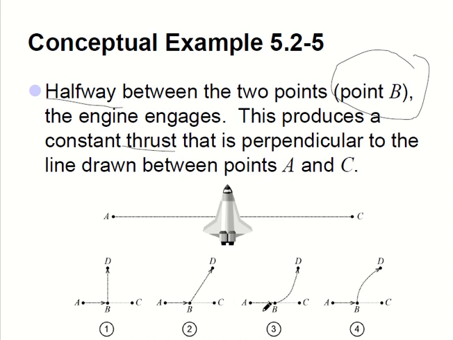Now this is not perpendicular, and this is not perpendicular, but the condition right here is showing you that it produces a constant thrust, and that thrust is perpendicular to the line drawn between the points A and C. So your thrust is going that way.